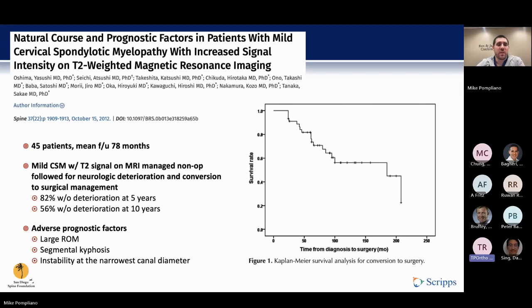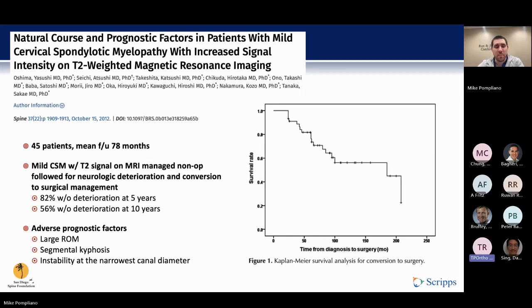This was a study looking at the natural history of 45 patients with a mean follow-up of 78 months. There was mild myelopathy on T2 with a T2 signal, and they were managed non-operatively and then followed for neurologic deterioration and conversion to surgical management over time. And what they saw was about 82% were without deterioration at 5 years, and then 56% were without deterioration at 10 years.